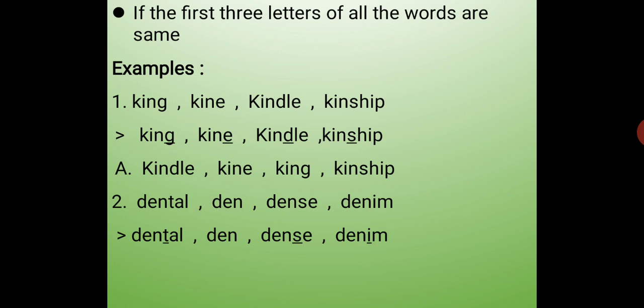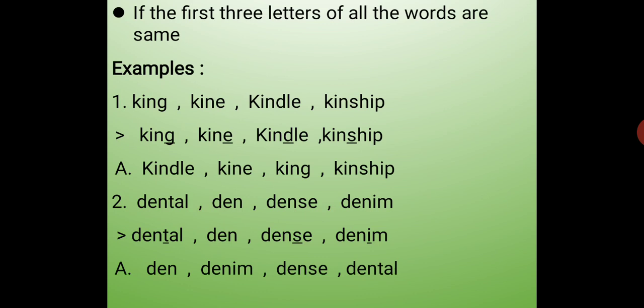Tell me again, what is the first word of the answer? Den. Then we compare T, S and I. Which word comes in the second position? I, meaning denim. Then dens and then dental. Now just see the answer: den, denim, dens and dental.